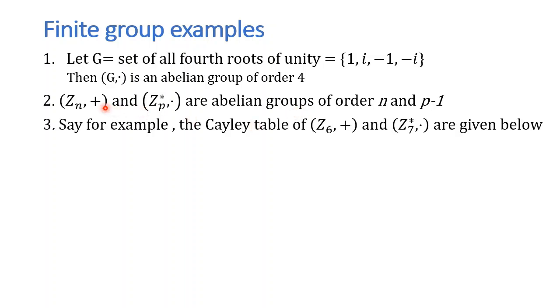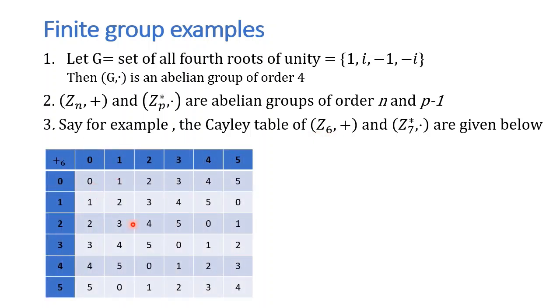Say for example, when n is equal to 6, I have plotted the Cayley table here. You may calculate these values and verify. From this table we see 0 is the identity element. So 0 when operated on any element gives that same element.